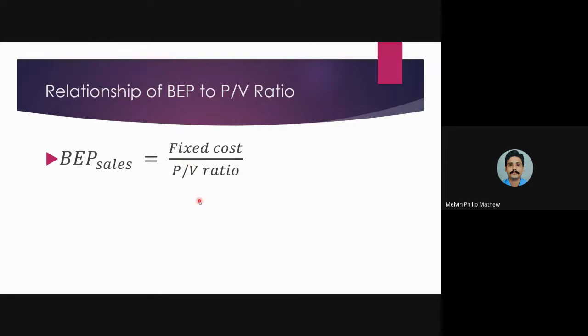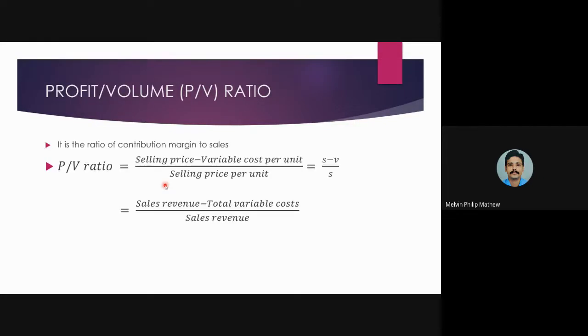In the next line, write P by V ratio is equal to sales revenue minus total variable cost by sales revenue. So that is P by V ratio.